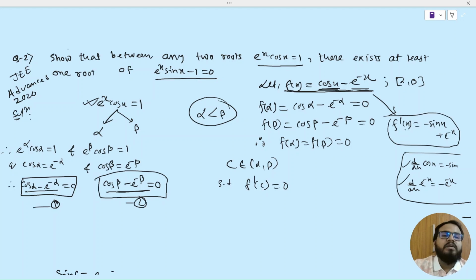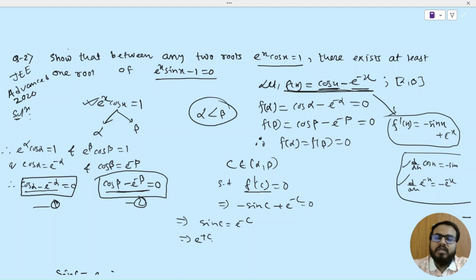So putting c in place of x, we get f dash c. Replacing the value of f dash c, we can write minus sin c plus e to the power minus c equal to 0. Further calculating this, sin c equals e to the power minus c, and e to the power c sin c equals 1.